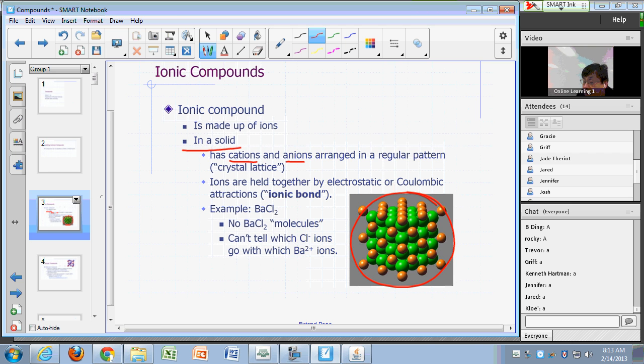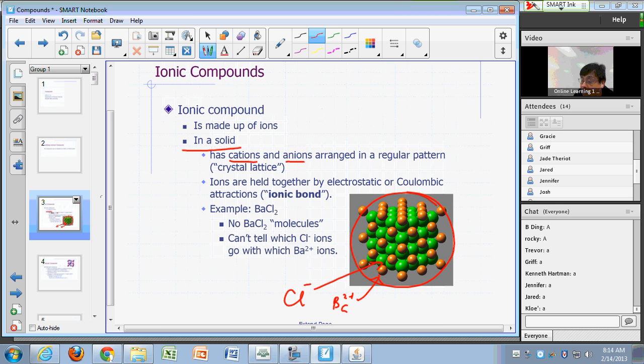The green spheres represent chloride ions, and the red-brownish spheres represent barium ions. You can't really tell which chloride ion goes with which barium ion, so we say there's no such thing as a barium chloride molecule in the solid. What we have here is just a collection of ions.